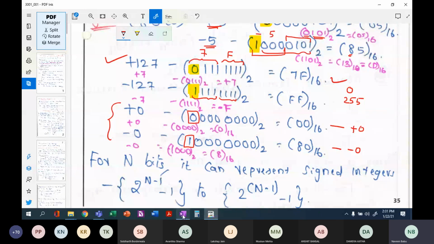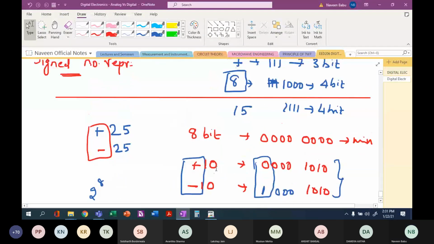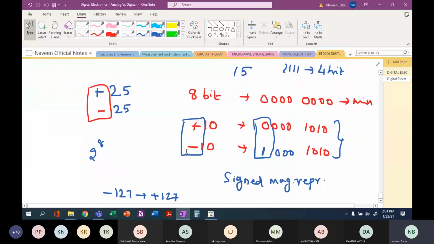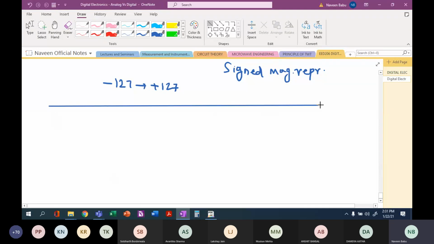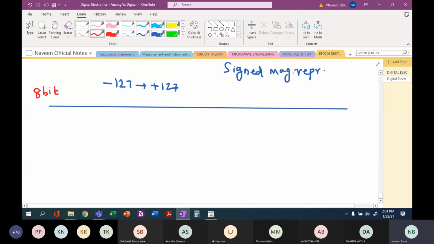So if you draw a scale like this, for an 8-bit representation in normal unsigned representation, your minimum value was 0 and your maximum value is 255.